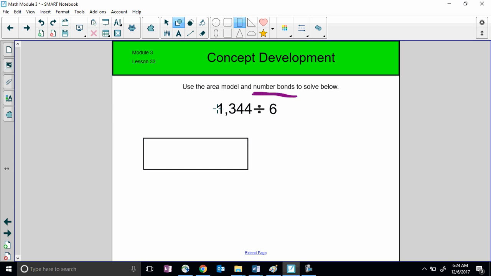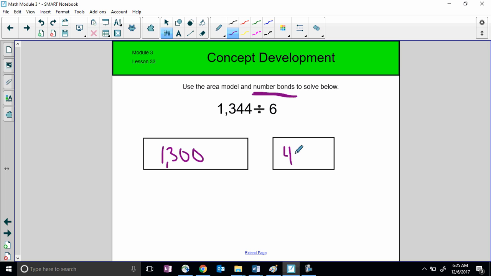Would it make sense for me to divide this into 1,344? Probably not. So what I'm going to do is I'm going to put 1,300, and then I'm going to put 44.